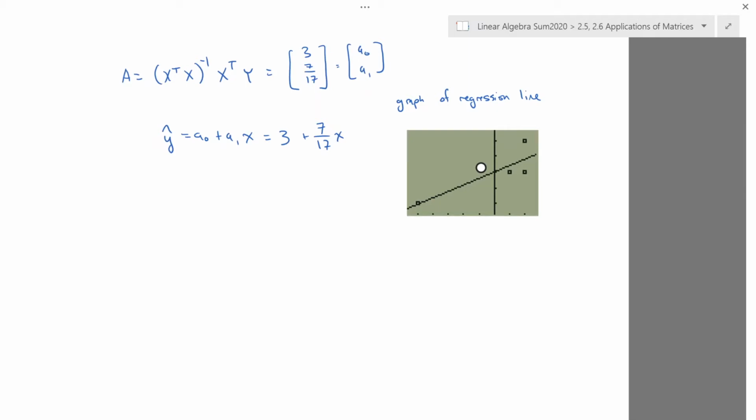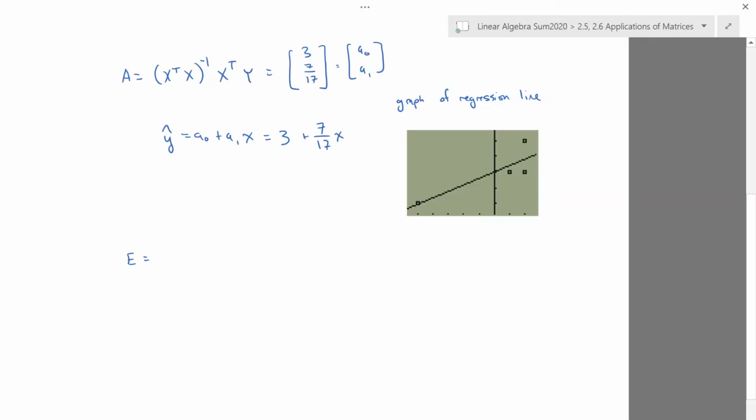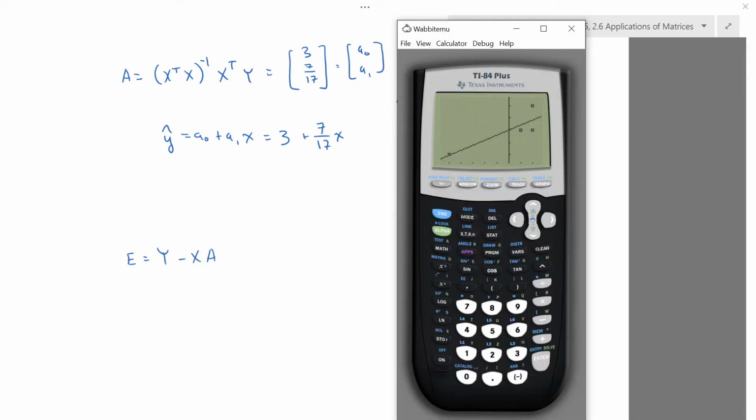Okay, so now let's also calculate the sum squared error. Right, so our matrix E is calculated. We first have to calculate E, right? Which is y minus X times A. So let's store A in, say, C. Okay, so now I have to do the multiplication, right?